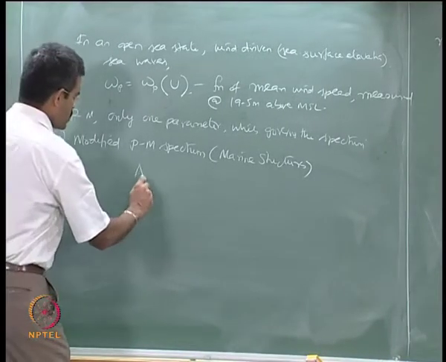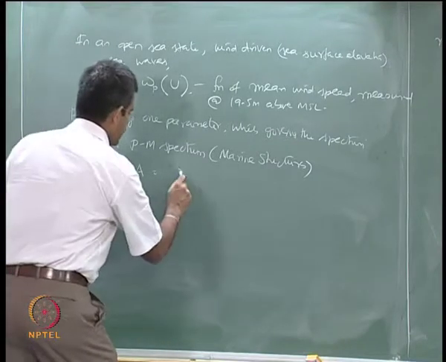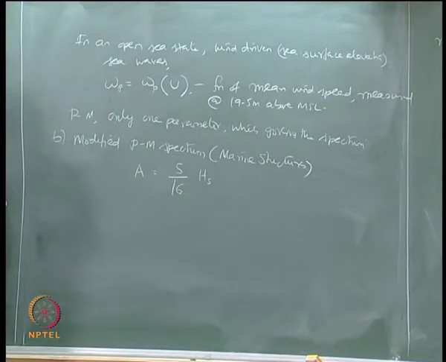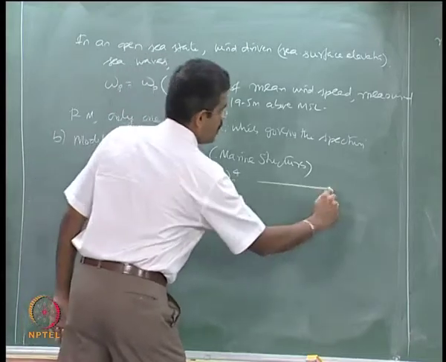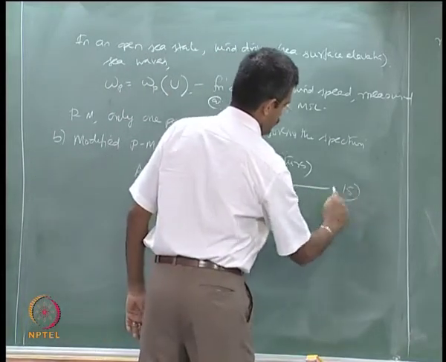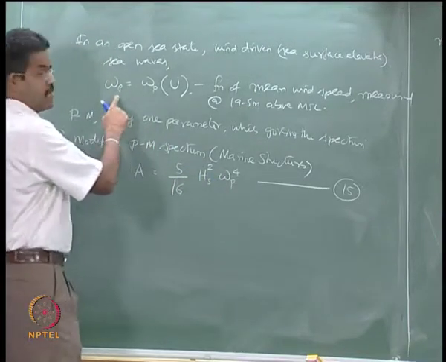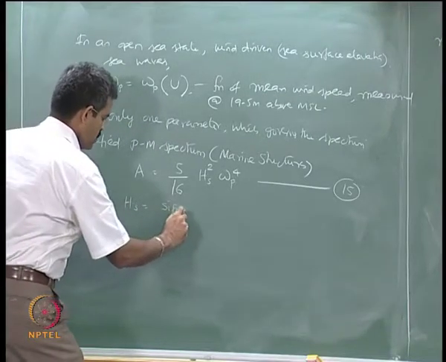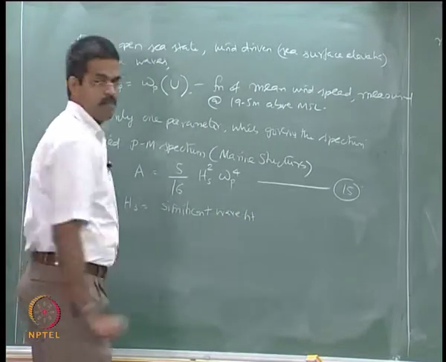In this case the constant A is changed as, I call it equation number 15, where omega p has the same explanation as you have here, but Hs is what we call significant wave height.